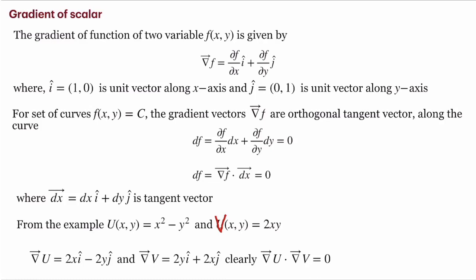Now we can formally show that these two curves have their normals orthogonal to each other, which also means that their tangent vectors are orthogonal to each other. So we have a family of curves which are orthogonal to each other, produced by the harmonic conjugate functions or a complex analytic function.